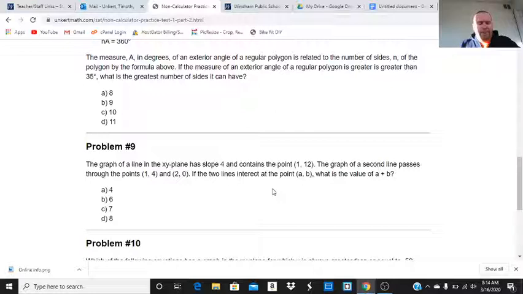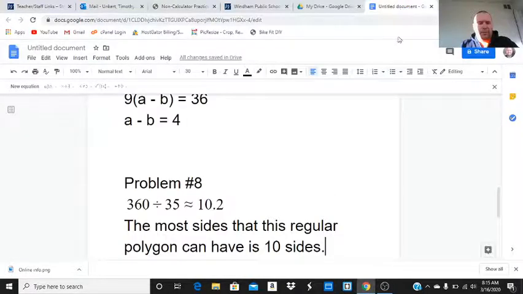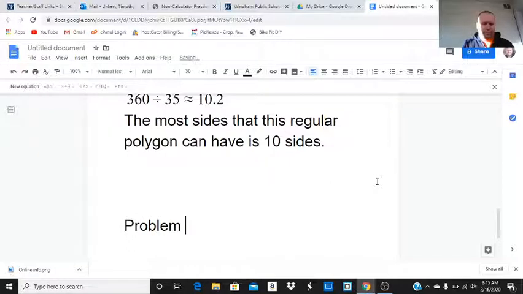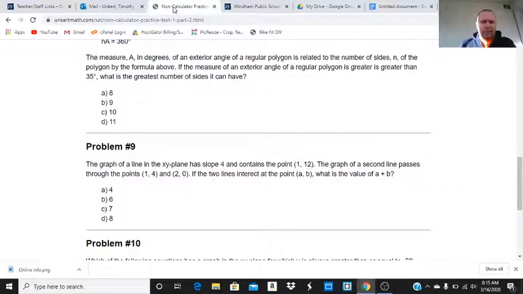All right, there are a couple of ways we can do this. We can figure out the slope of the second line and then set (a, b) minus one of these points equal to that slope and solve. Okay, so let's do that. Looking back, the points we have are (1, 4) and (2, 0).